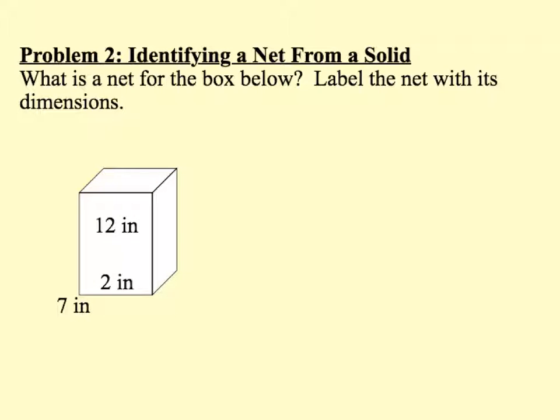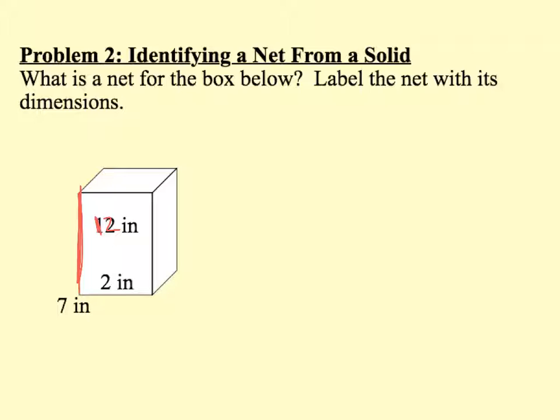For this next example, we're going to be identifying a net from a solid. So we're given this three-dimensional prism here, and they want us to label the net with its dimensions. So how we're going to do that is we have to label the sides. This 12 is the height.